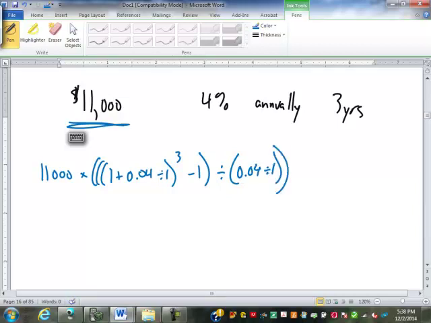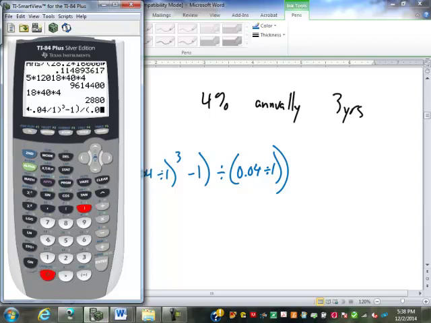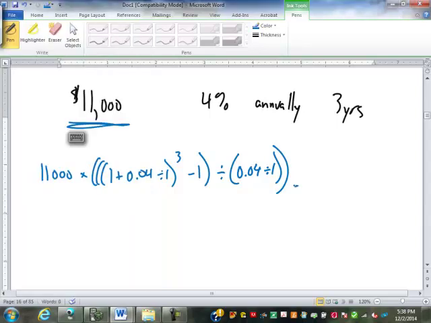Close and close. I don't really need to put in the divided by 1, but I will. And we get 34,337.60.